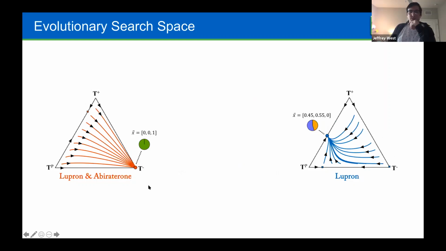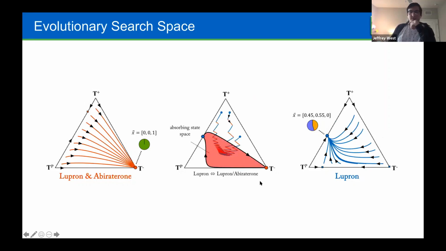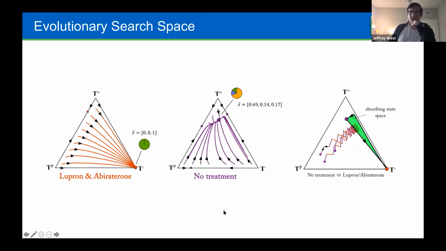And the same happens with each of the other two treatments. This one happens to be a larger search space, so we're limiting ourselves less in these two treatment combinations. And the last one is a very narrow and skinny absorbing state space.